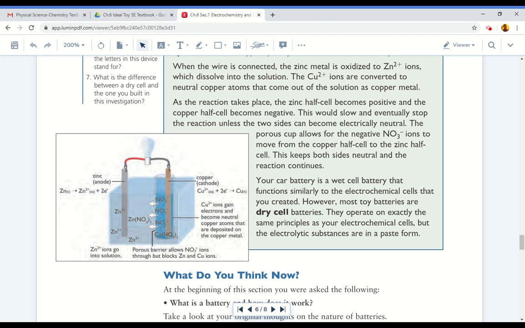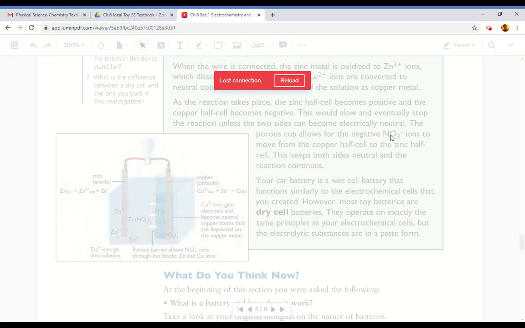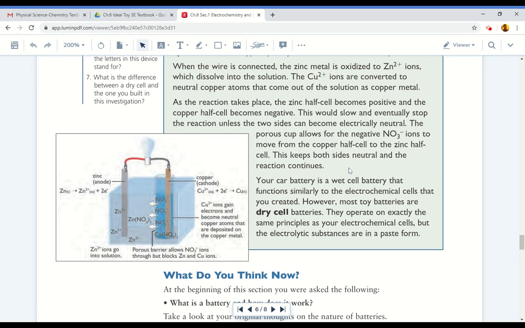This would slow and eventually stop the reaction unless the two sides can become electrically neutral. The porous cup allows the negative nitrate ions to move from the copper half cell to the zinc half cell. This keeps both sides neutral and the reaction continues.